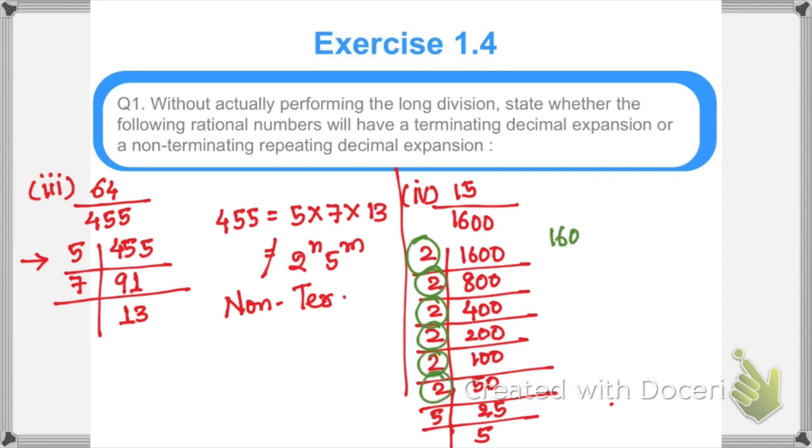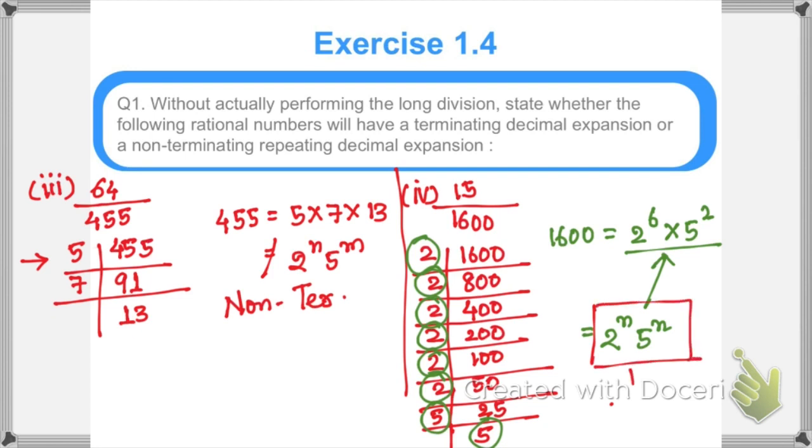So it can be written as 1600 is equal to 2 to the power 6 into 5 to the power 2. So it is of course of the form 2 to the power n and 5 to the power m, and since it is of the form 2 to the power n, 5 to the power m, it is a terminating decimal expansion. Moving on to the next question.